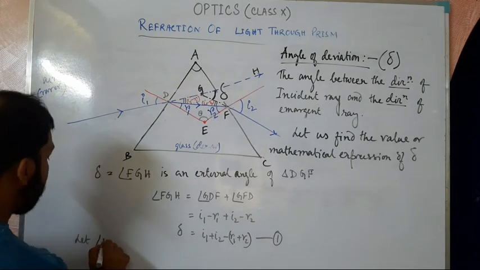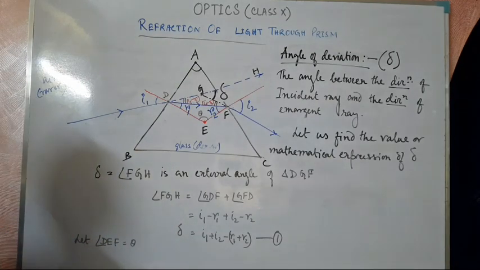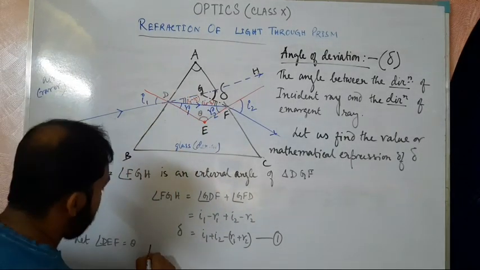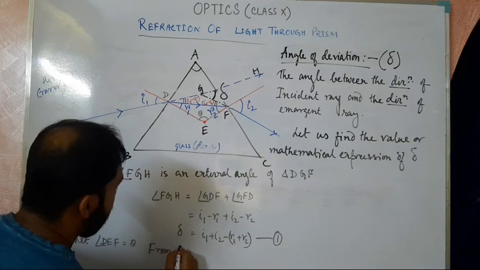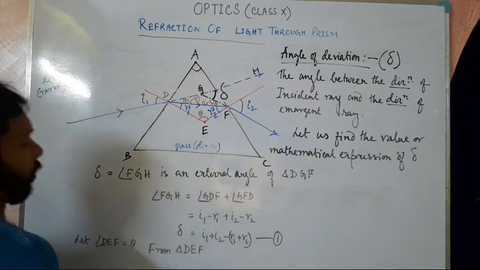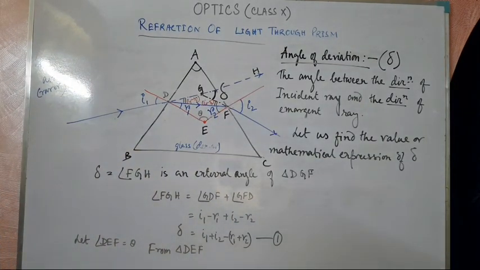Angle DEF is theta. From triangle DEF, let me just check whether you can see the bottom of the board or not. Okay, marginally.